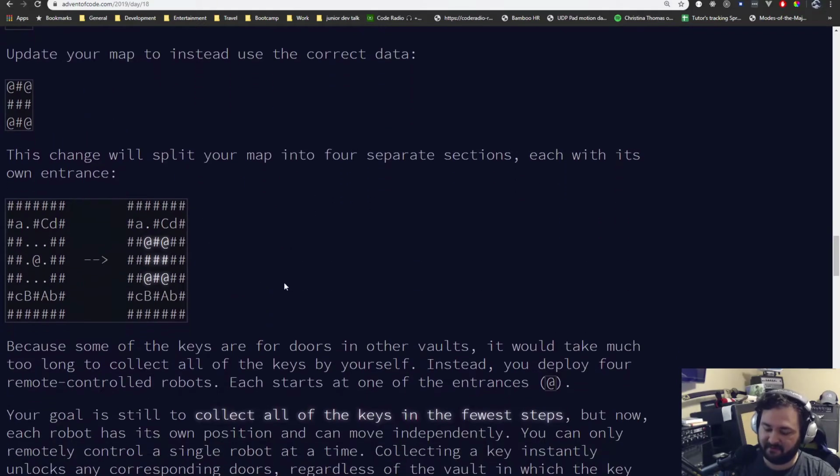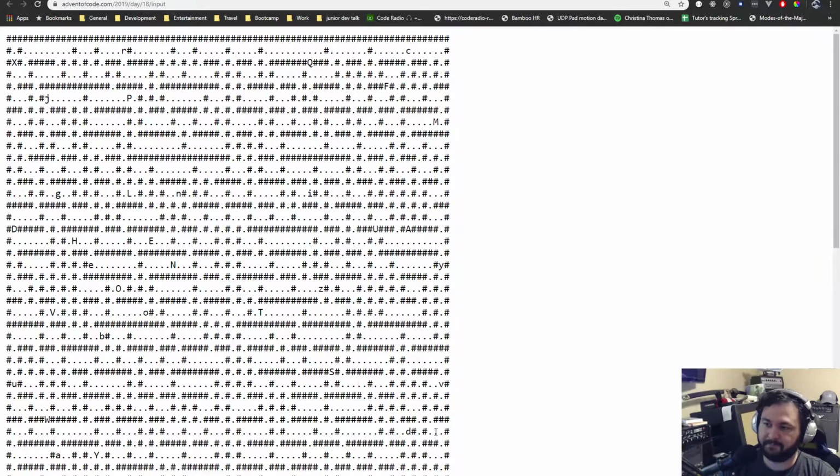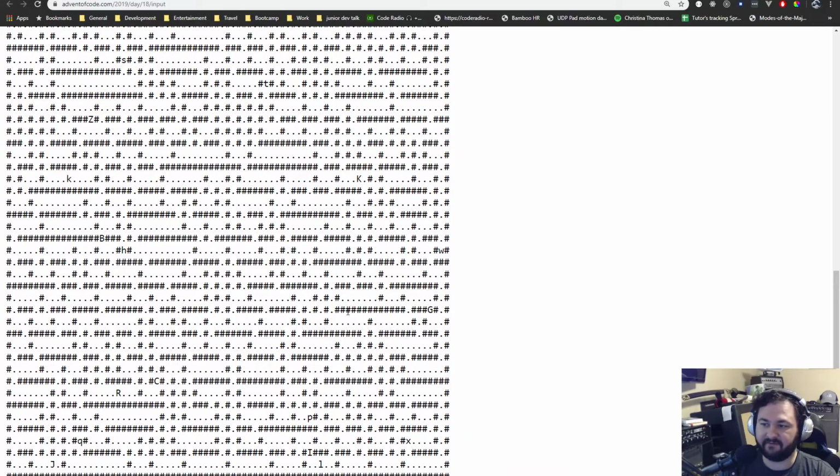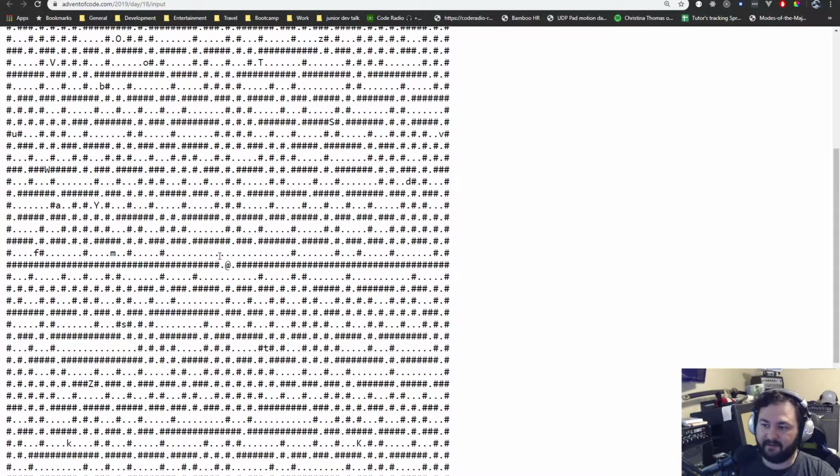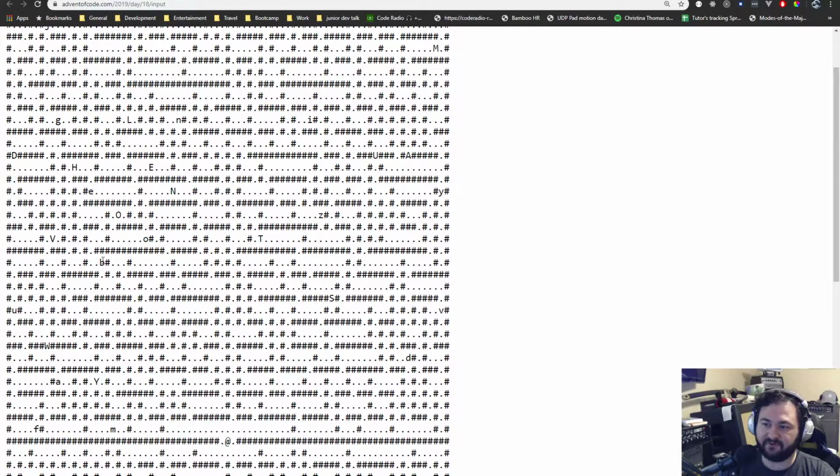They give you this giant maze for day 18. And on a previous day, I had done another algorithm, but this one requires you to find, first of all, the keys, the lowercase letters, but then the correct combination of collecting the keys that ends up in the shortest path.